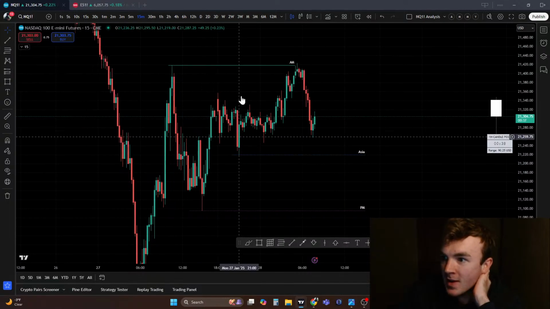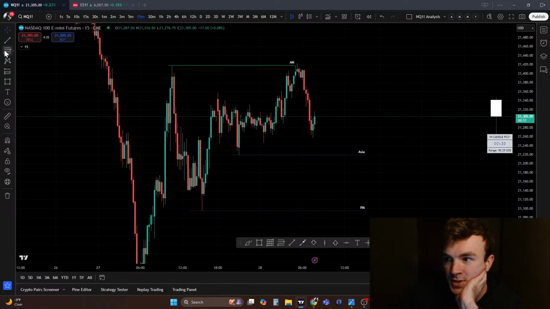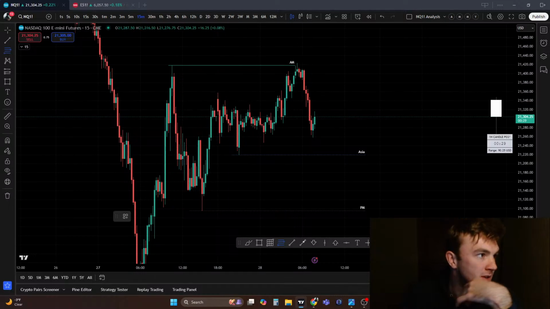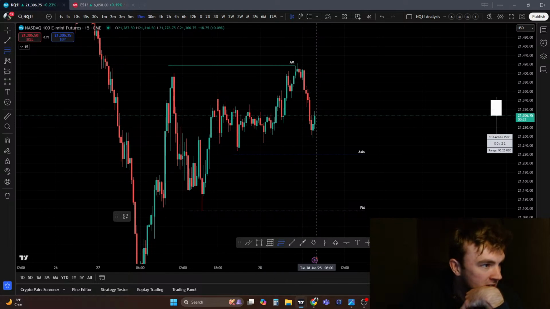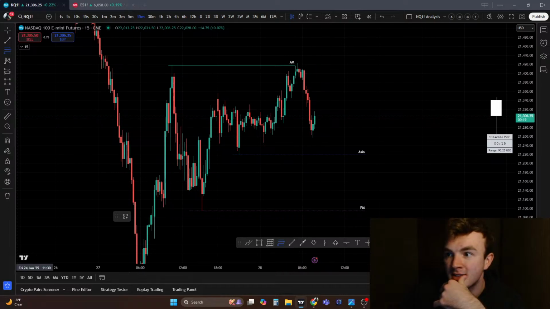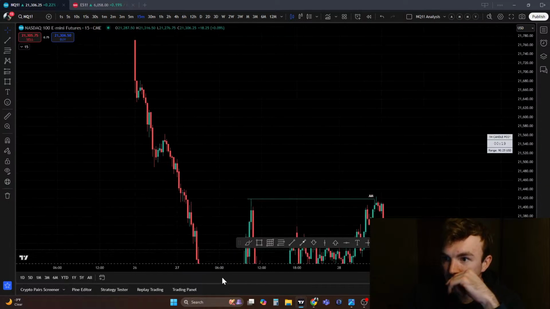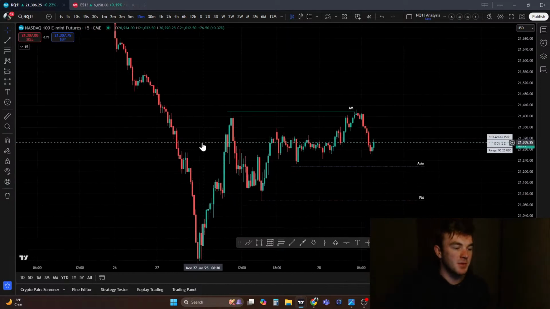So the main thing about right now is we did sweep out AM's highs. So this is a pretty obvious manipulation move. I'm curious, did we get, oh, we should check for SMT. Did we get SMT at the highs at all? Oh my gosh, S&P left equal highs pretty clearly. So just keep that in mind. The S&P left equal highs.